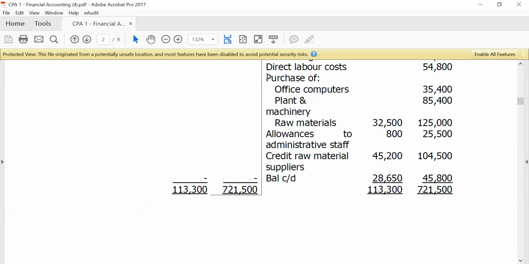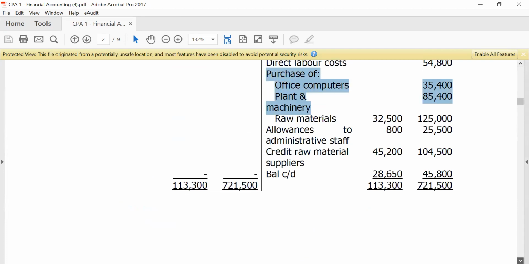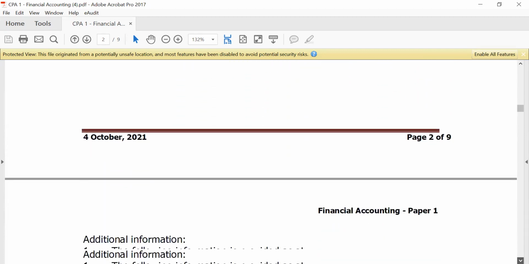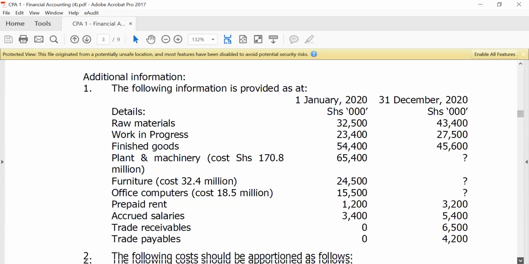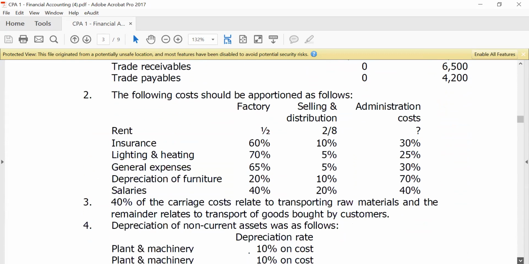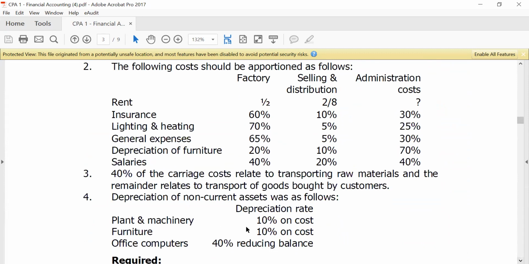There was no addition to furniture because they only bought computers and plant and machinery. So it is presumed that the furniture that exists at the start is the same furniture that existed, apart from the depreciation cost. So we have 24,500 as the net book value.